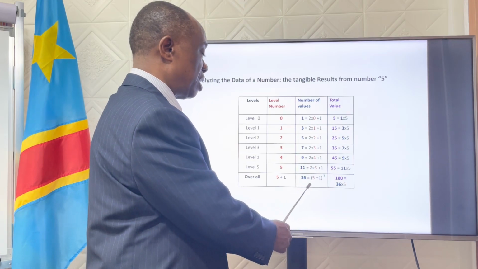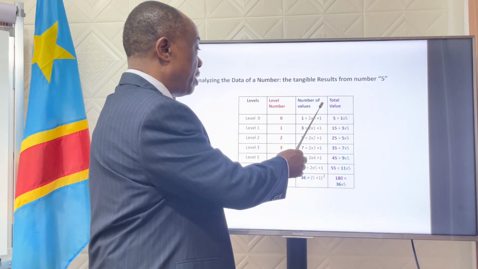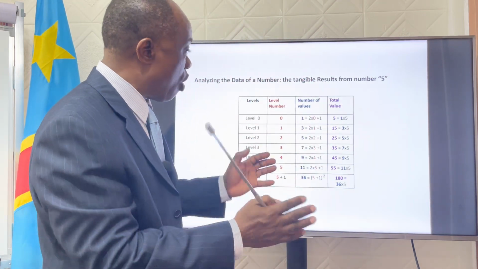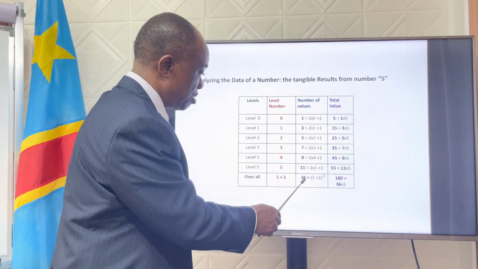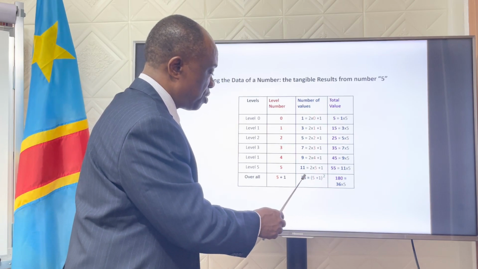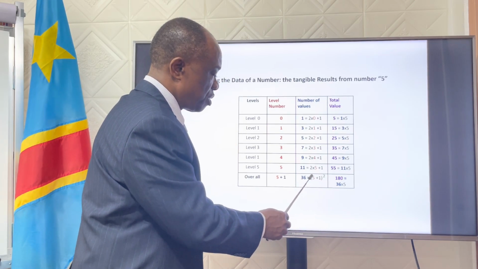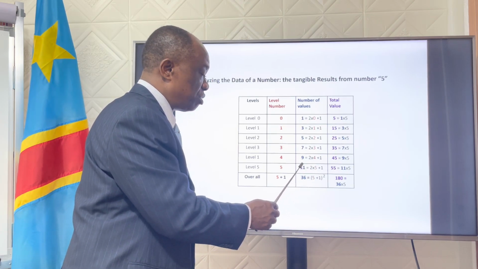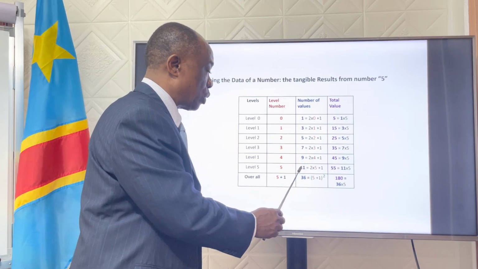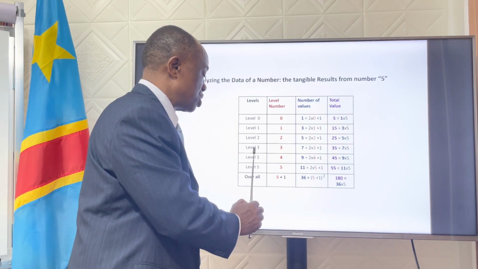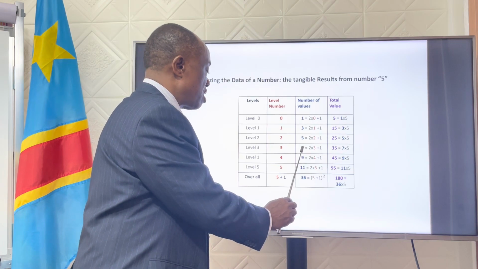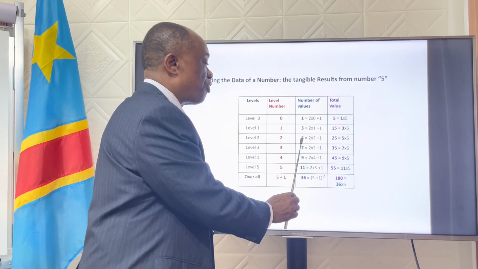Then we have already calculated the sum of all the values. How many values? This is from every level. So on level 5, for example, we have 11 values. Here you have 9 values. Here you have 7. Level 2 you have 5.